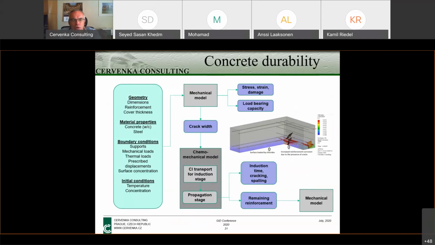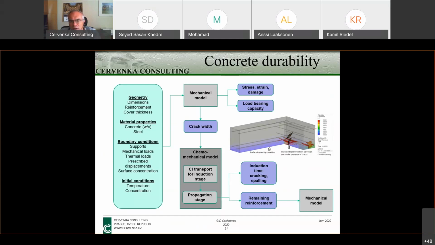Let me now briefly mention also this durability model. I talked about that in more detail in the previous webinar. But the new model in ATENA allows that in addition to reinforcement modeling and all the other standard features, we can define special boundary conditions representing chloride environmental condition, carbonation.